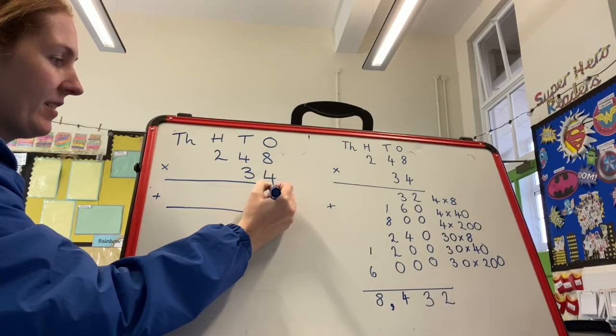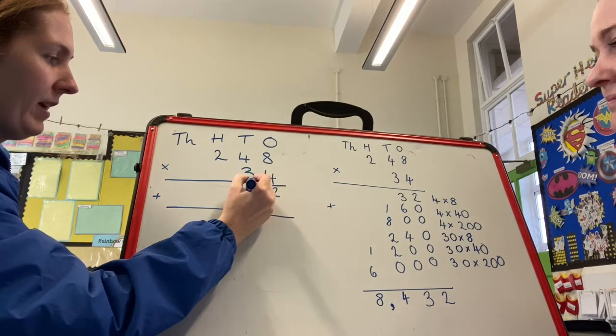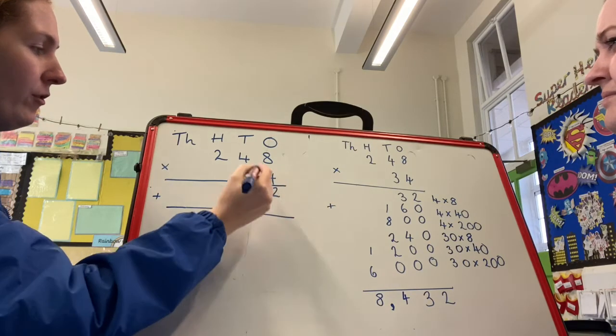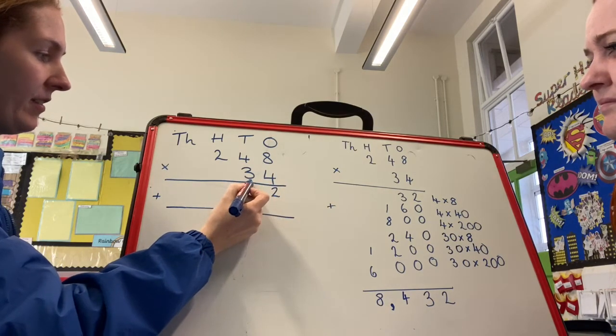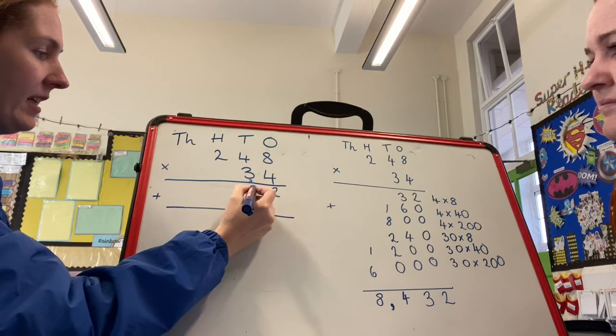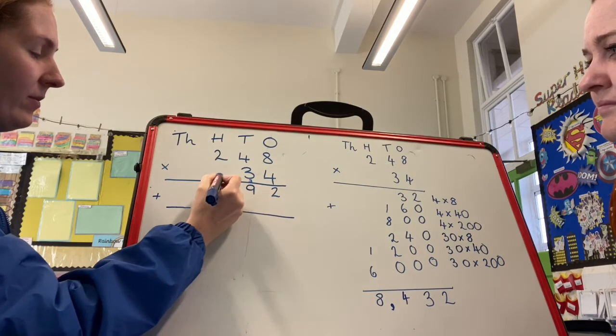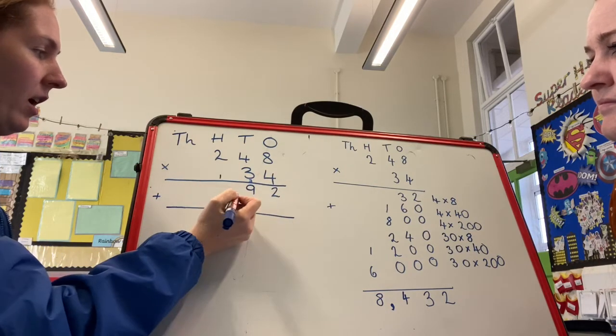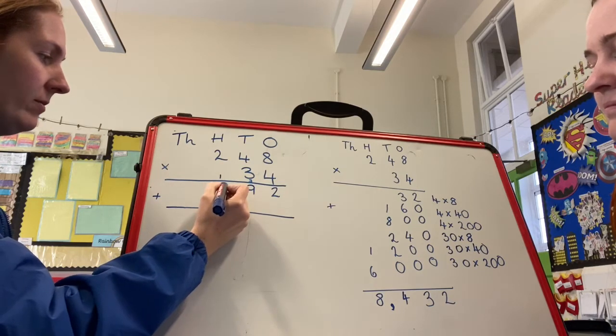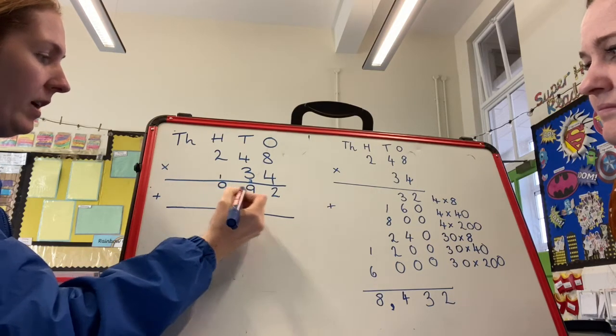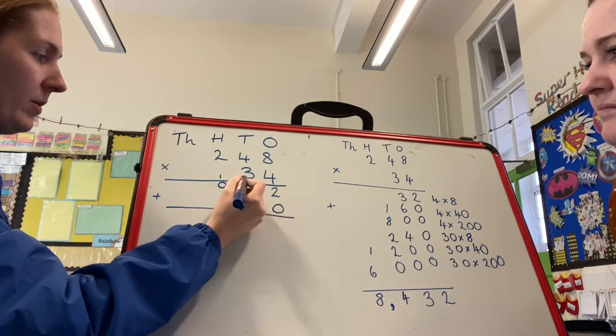4 times 8 is 32. 3 up here, 32. 4 4s are 16. Add the 3, 16, 17, 18, 19. 4 2s are 8. Add the 1, 9. Now I've got a 0 as a placeholder because we're timesing by 30.